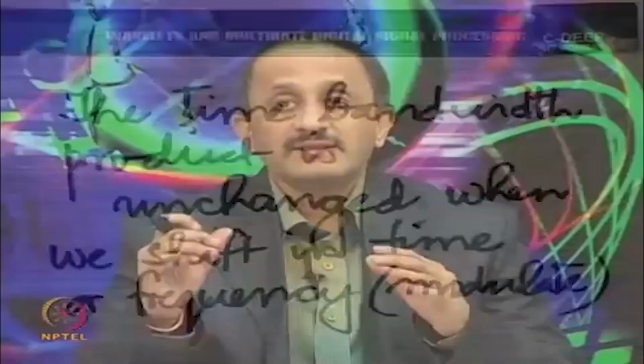Now, we would like to look at this product in a little greater depth. What happens to this product when we stretch or compress? You see, in the wavelet transform, or for that matter in all the discussion that we have had in some of the previous lectures, we have talked about moving along the frequency axis by a process of dilation.